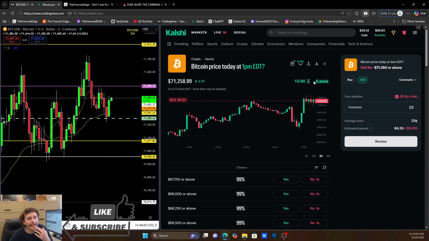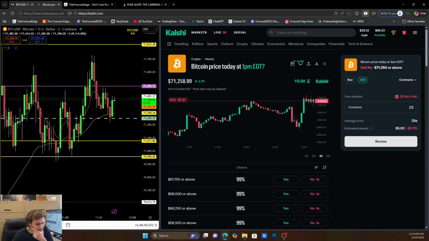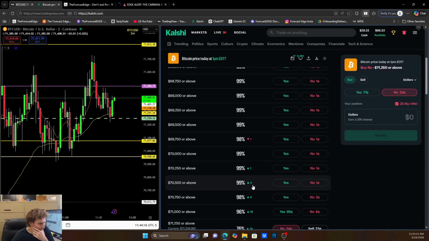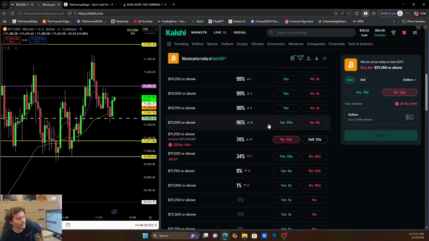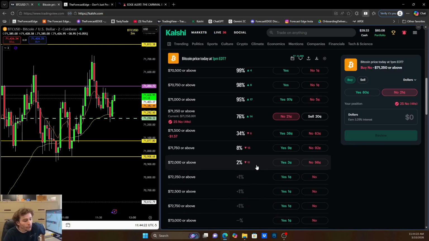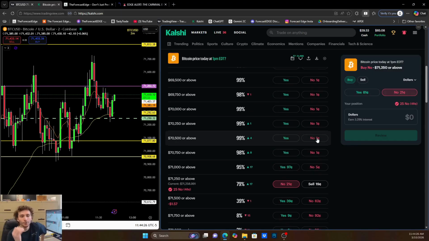And again, as time goes on, that's how these things end up playing themselves out. And as you can see on this left-hand side, when you're under the chart here, there are a ton of contracts to choose from. It goes to actual probability.